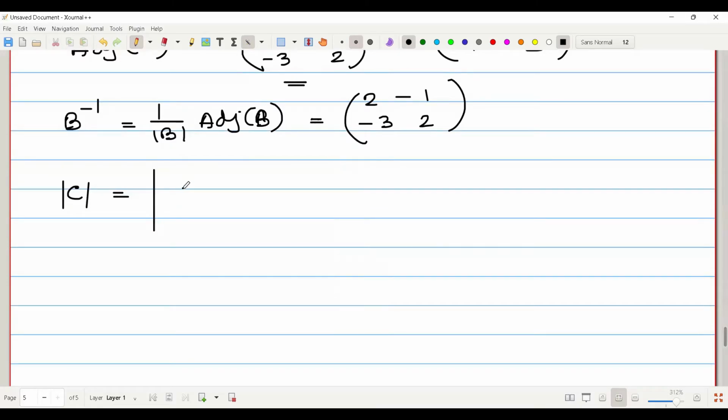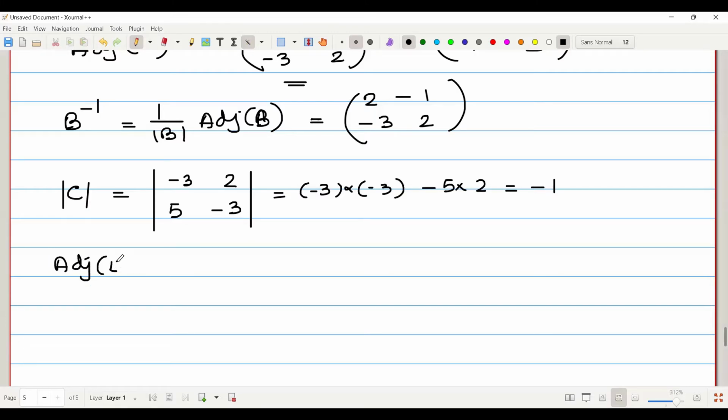That is minus 3 into minus 3 minus 5 into 2, or minus 1. So we are finding the adjoint of C, and that one is minus 3, minus 5, then minus 2, minus 3.